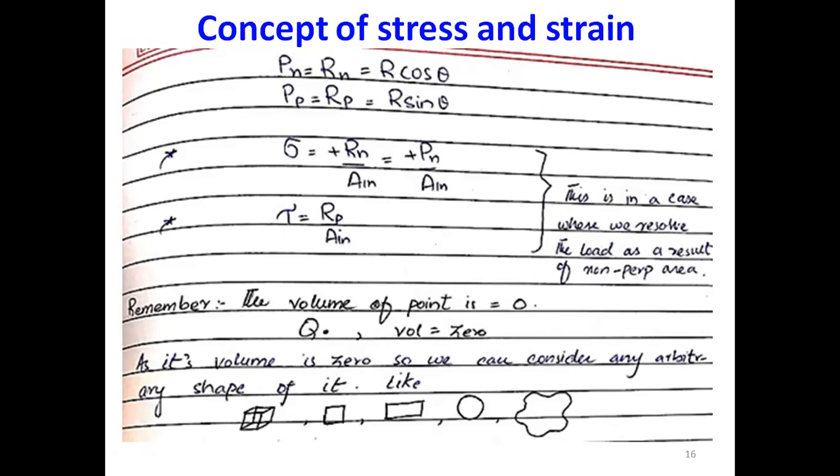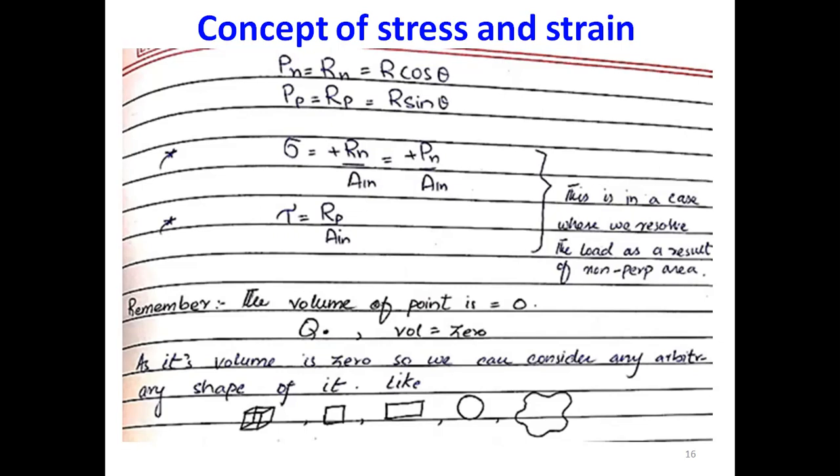So what is the conclusion? It means that we could exaggerate the point into any shape. In order to explain the stress concept, we could exaggerate the point into any shape, because when we shrink that shape into a point, it would have zero volume. In visualization, we could exaggerate the point into a big shape so that we could see it.